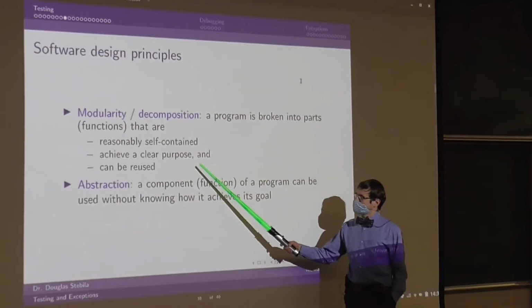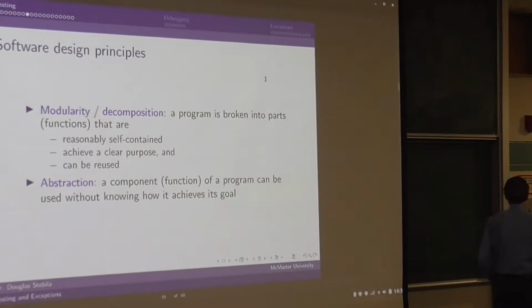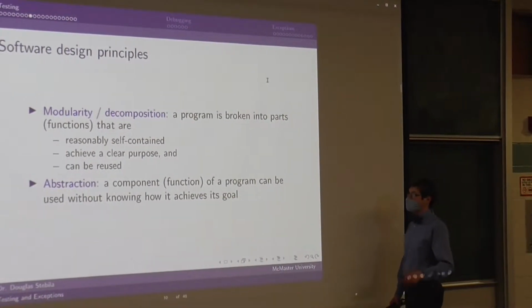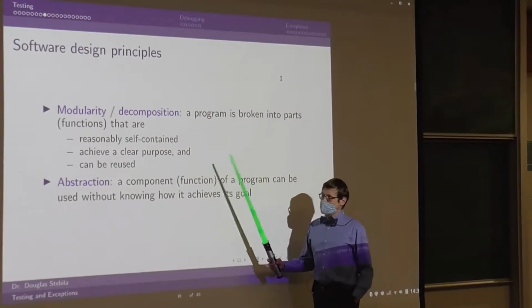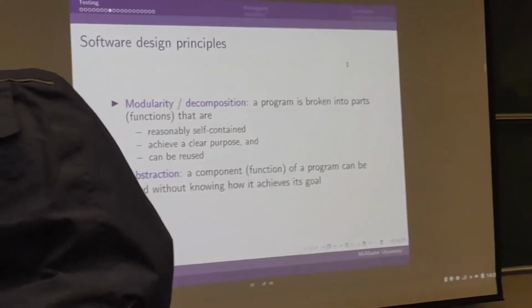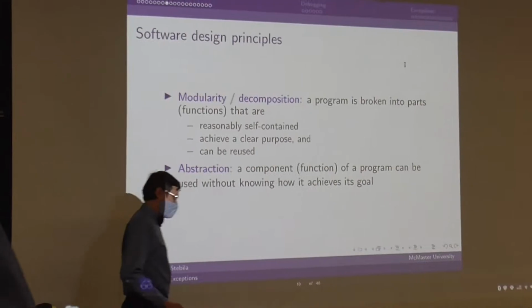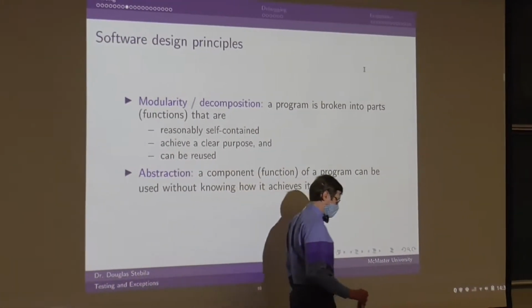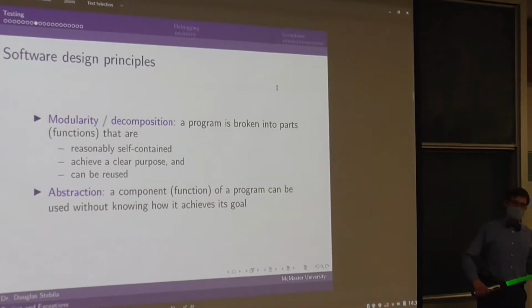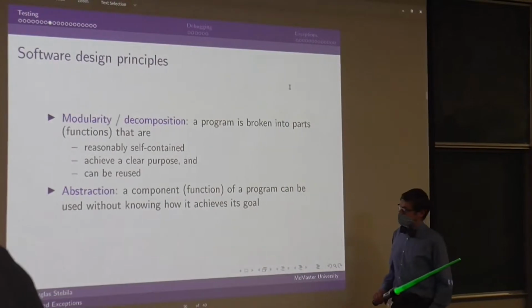So, one of the primary ways that we, as computer scientists and people who write software, one of the best weapons we have against the creeping complexity of our programs is the decomposition of that program into smaller and smaller pieces, or at least sufficiently small pieces that the problems can be addressed at that level.